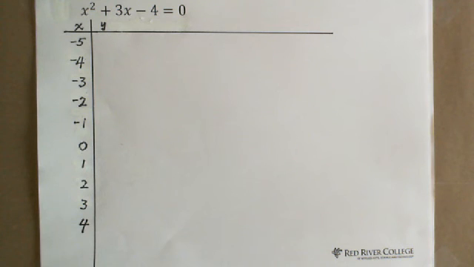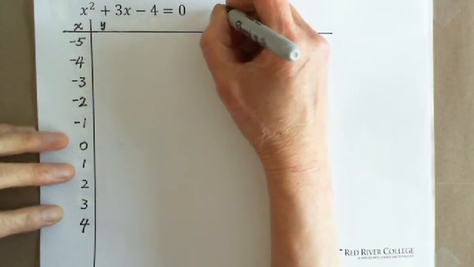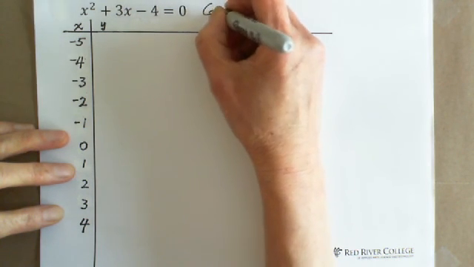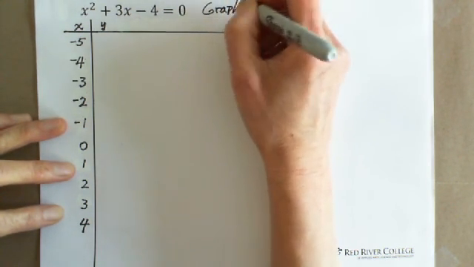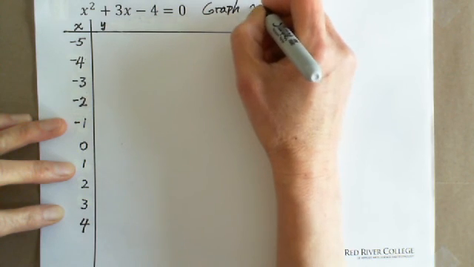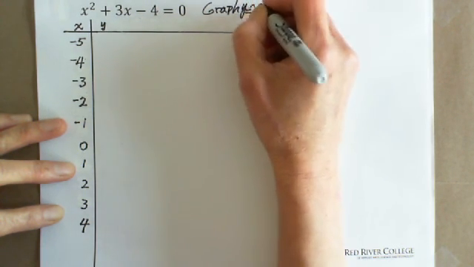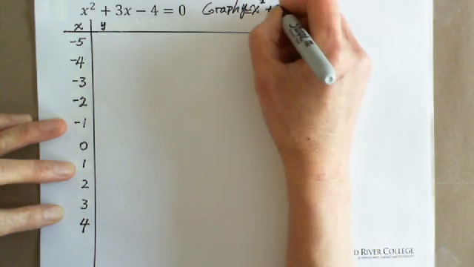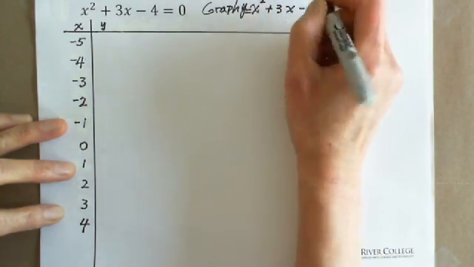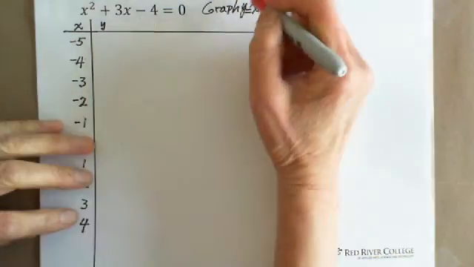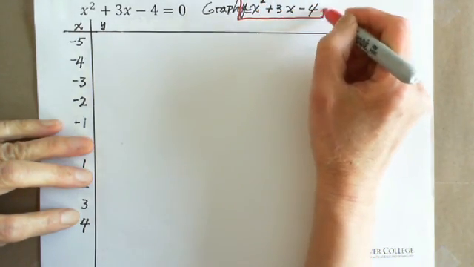If we want to solve x squared plus 3x minus 4 equals 0, we can graph the quadratic function y equals x squared plus 3x minus 4.